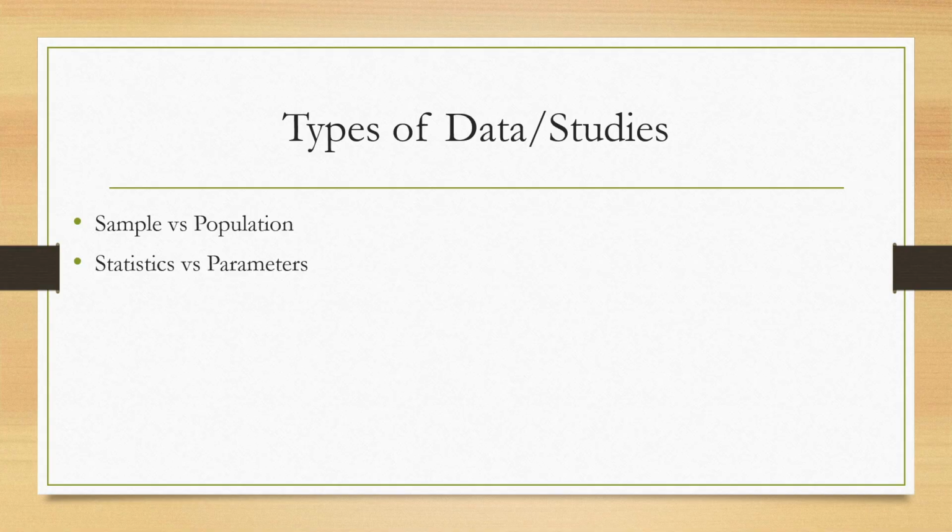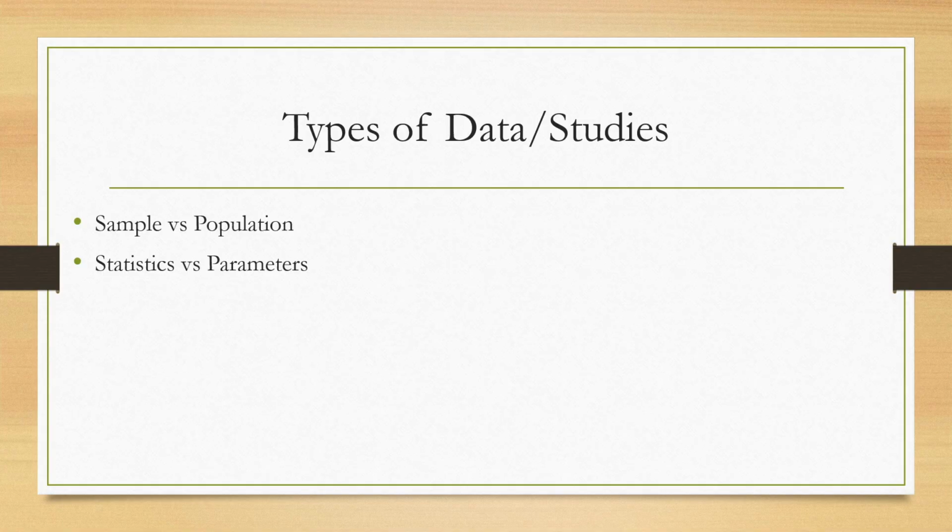Now, we talked about calculating quantities from samples and populations. When we calculate a quantity from a sample, let's say we calculate the mean from a sample, that mean is considered to be a statistic.